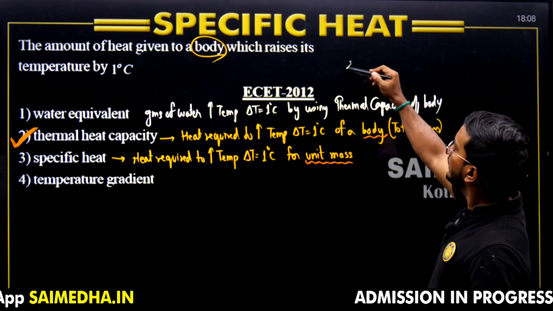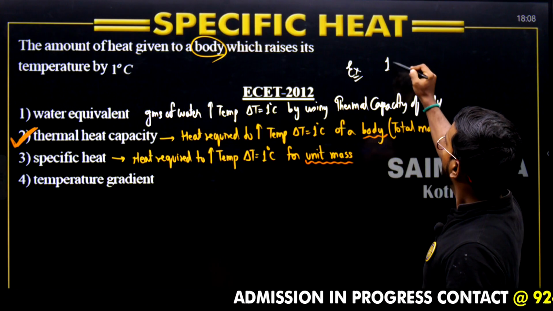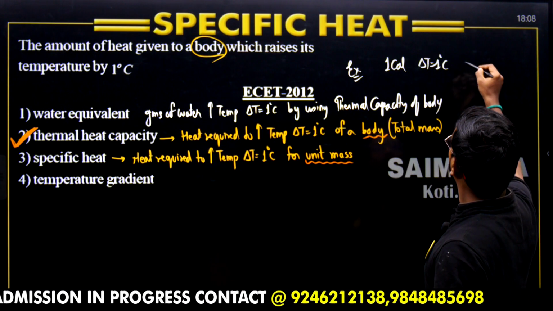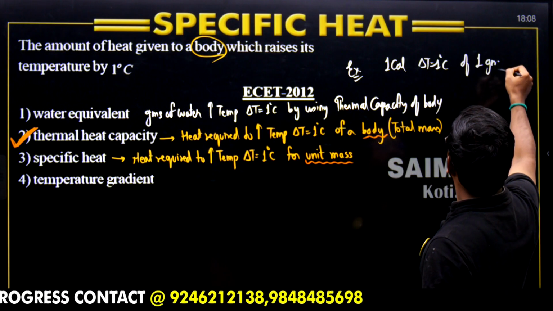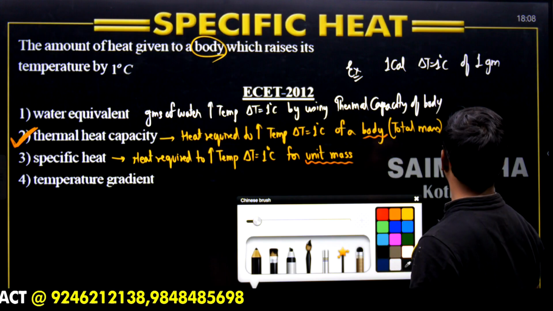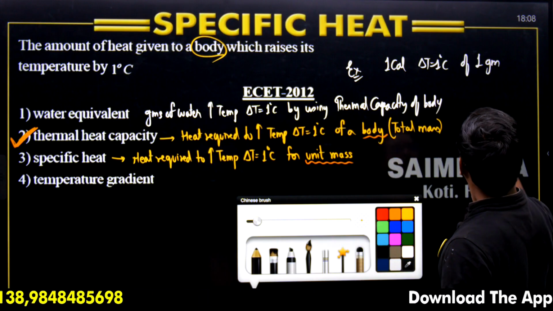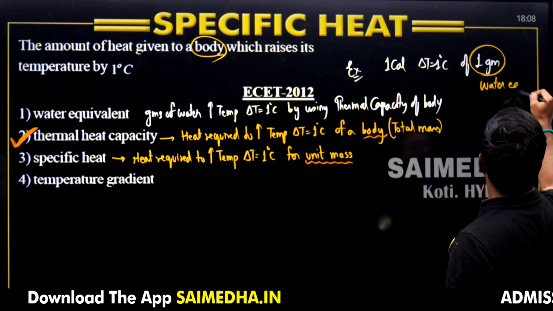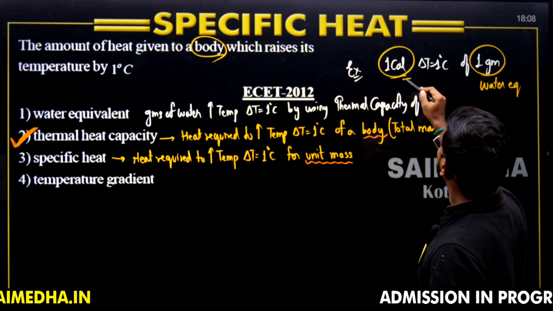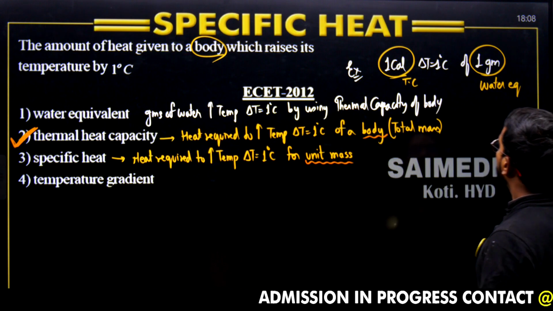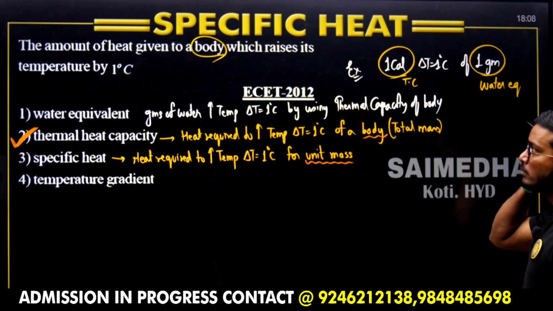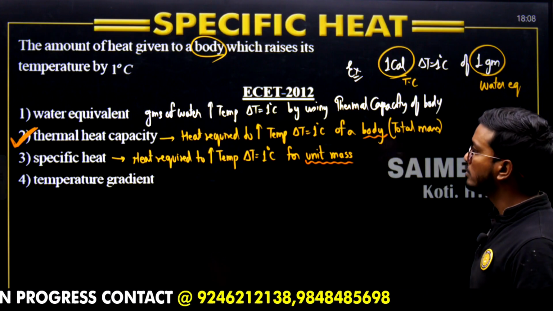For example, I will write like this. 1 calorie is required to change the temperature by 1 degree Celsius of 1 gram. That means this 1 gram is called water equivalent, and this 1 calorie is called what? Thermal capacity. You can see the thermal capacity and water equivalent magnitude is the same. Here is also 1, here is also 1.